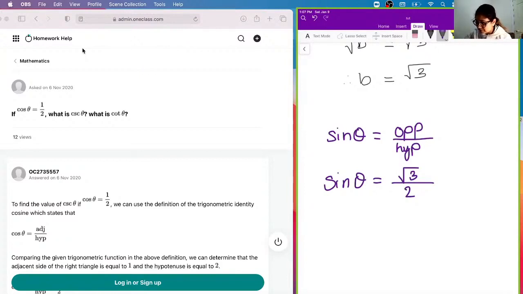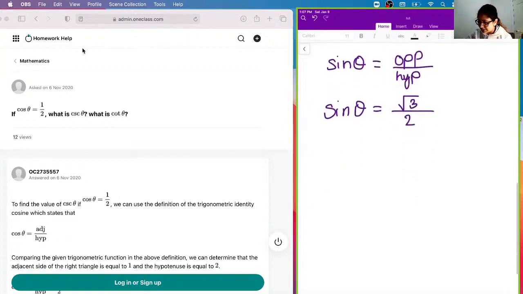As I mentioned before, cosecant is the reciprocal of sine.